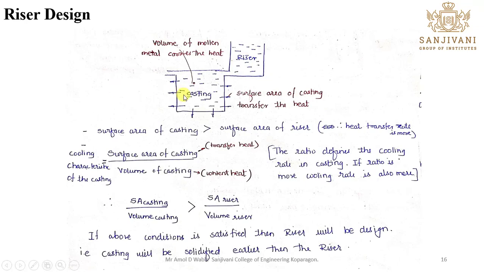In this case, the casting should cool first, before the riser, whatever molten metal is present in the riser.